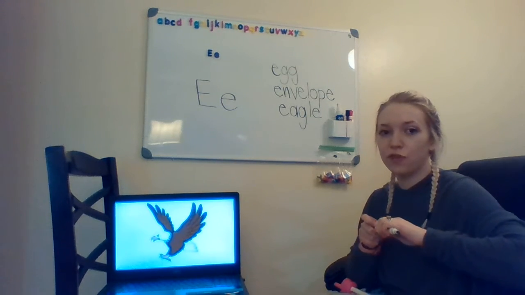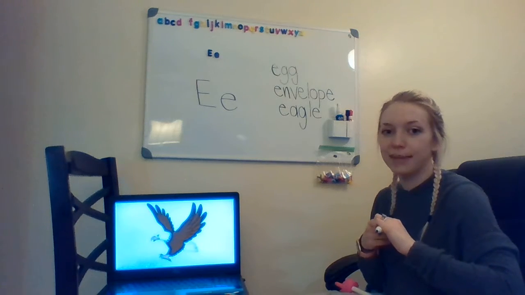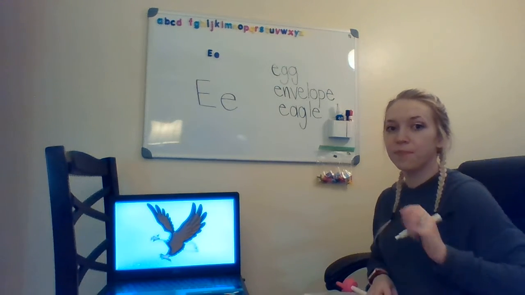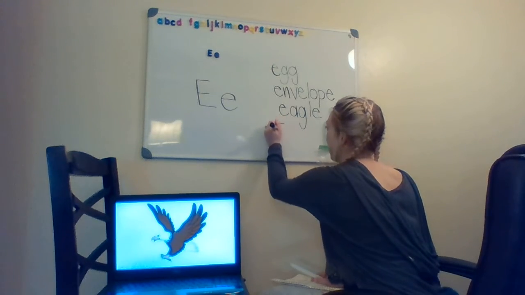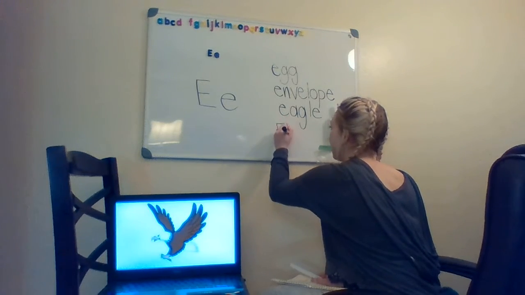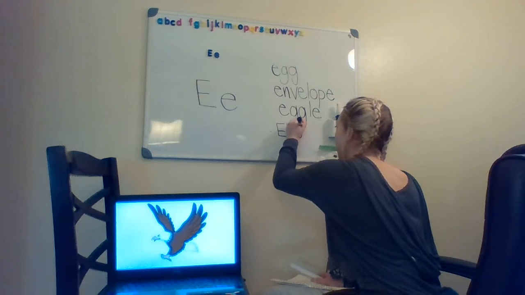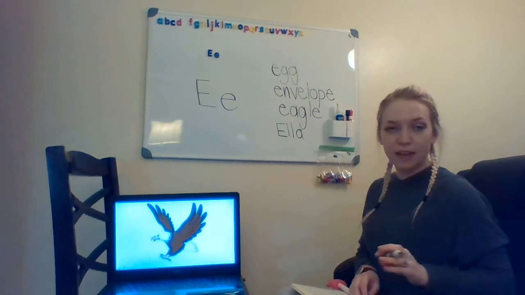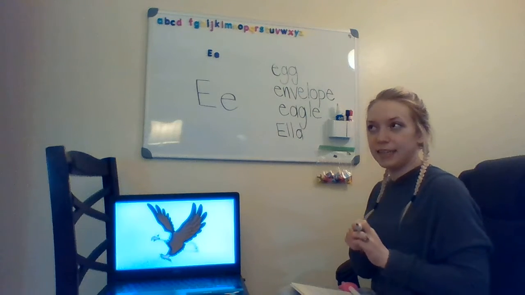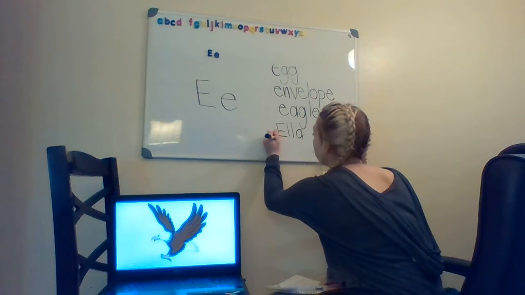We have two friends in Mrs. Henderly's class whose names start with the letter E. The first one is Ella. Ella starts with the eh sound. Ella. And our other friend that starts with the letter E is Olivia.